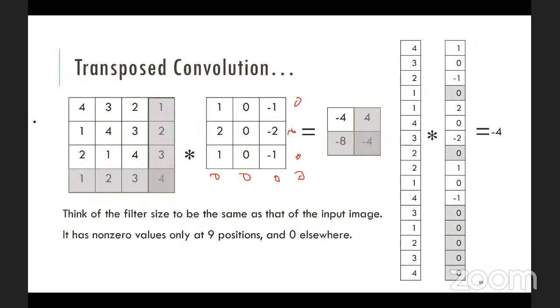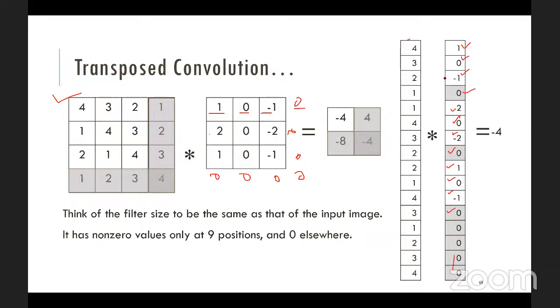We have arranged our image in a 1D array for convolution, and here you can see our filter: 1 0 -1, and the next is 0. The next is 2 0 -2 and 0. The next is 1 0 -1 and then 0. And the last row is all 0.